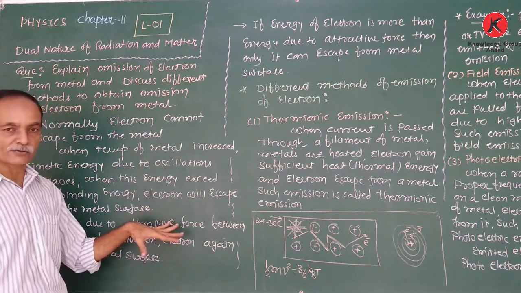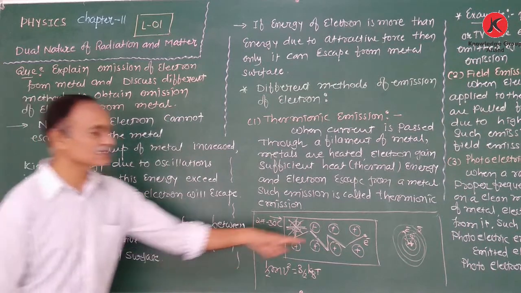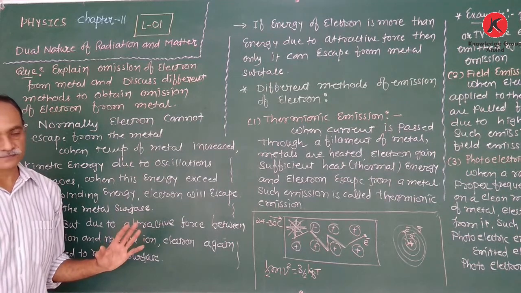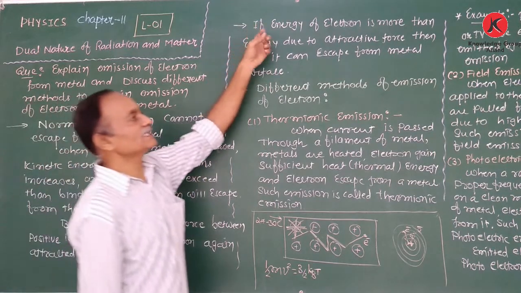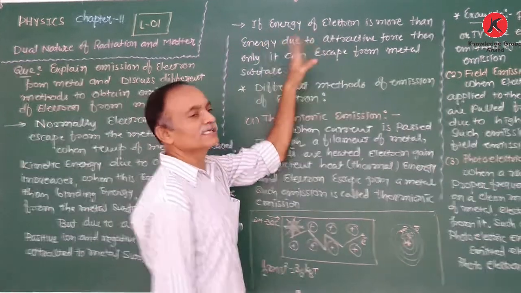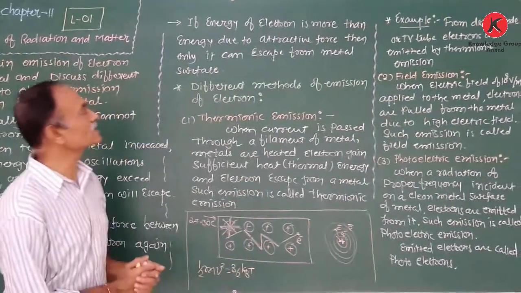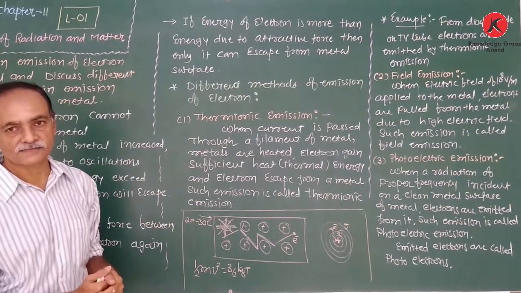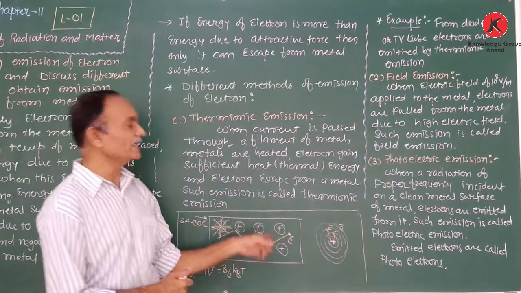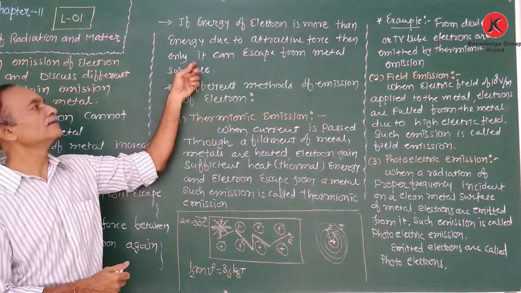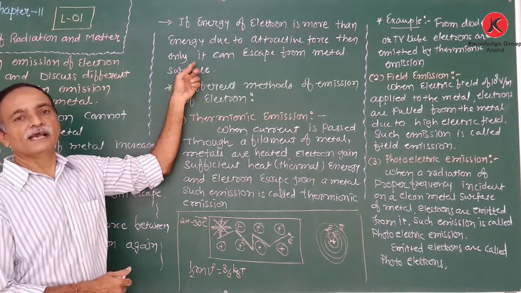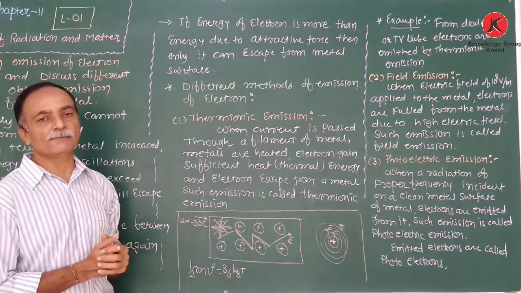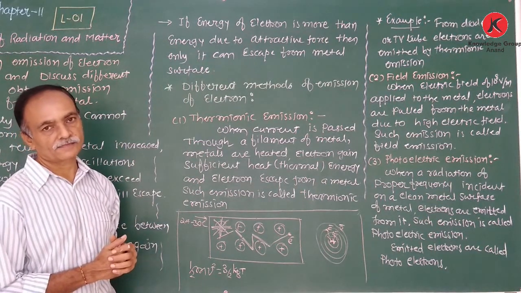At that time the electrons are free, but they are bound again by the metallic positive ions. And if the energy of the electron is more than the energy due to the attractive force, then only it can escape from the surface of the metal. And when the energy of the electron is much more than the energy due to the attractive force, at that time the electron can escape from the metal.